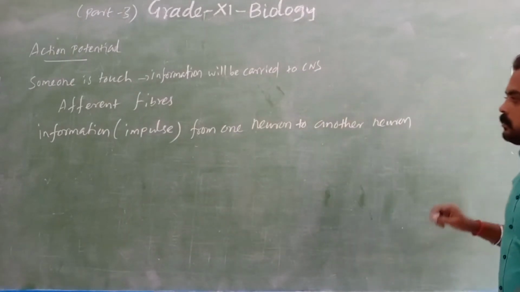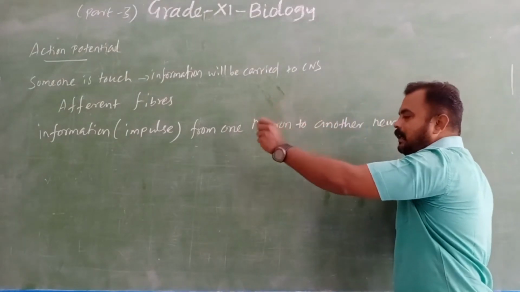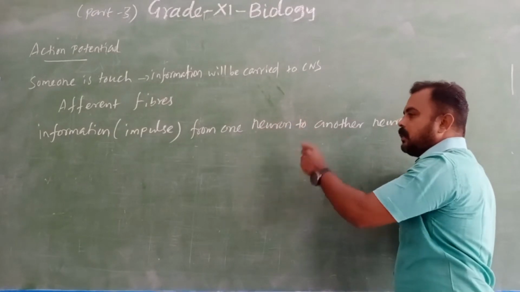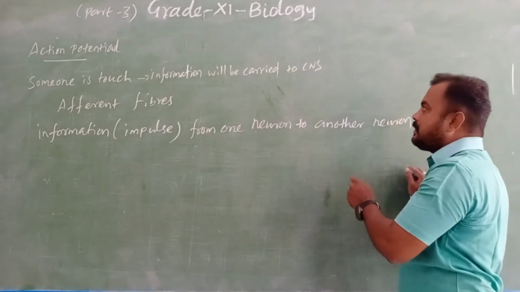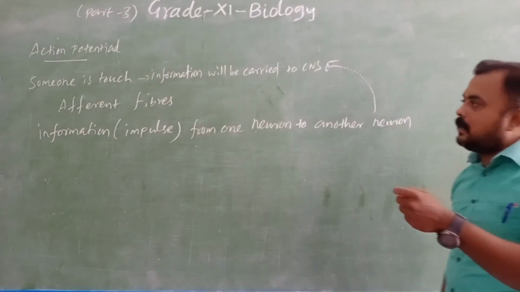So if someone is touched, that information is carried from one neuron to another neuron, and finally it reaches the CNS, that means the spinal cord as well as the brain.